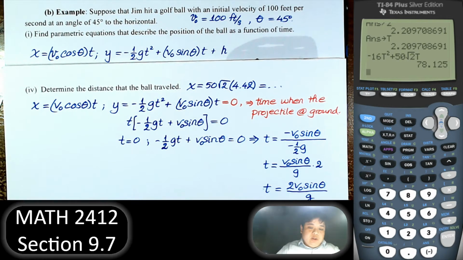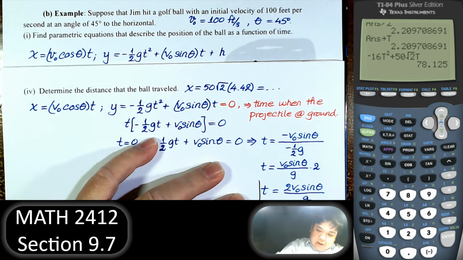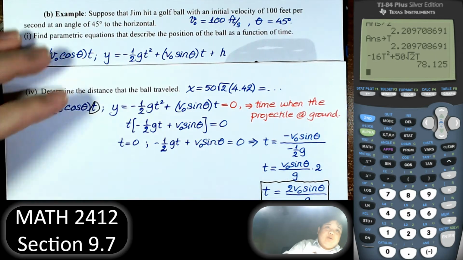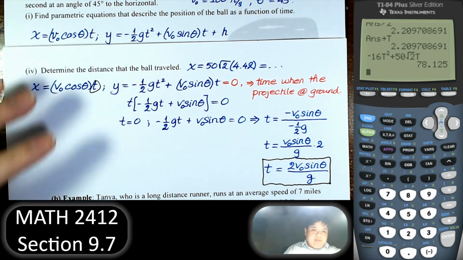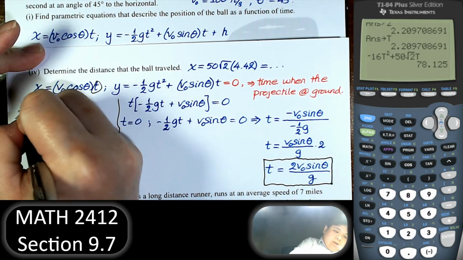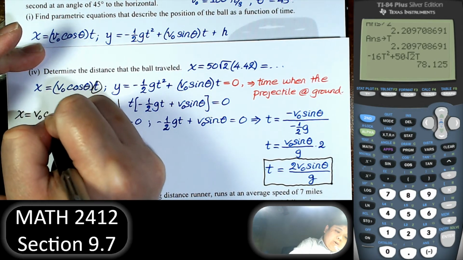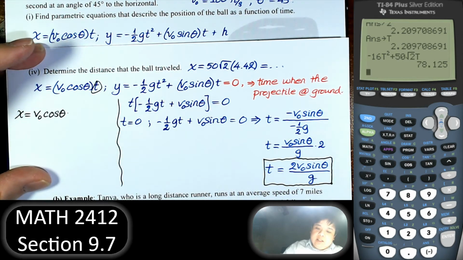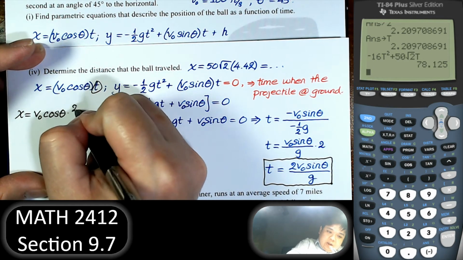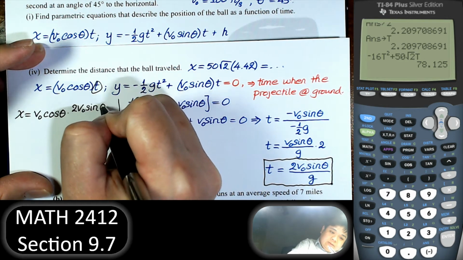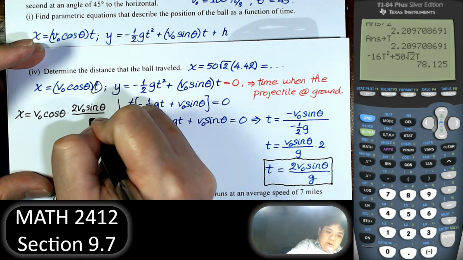Now we will substitute that into this t to find the distance that the ball actually travels. So we have x equals v naught cosine theta, and t is going to be this, 2 v naught sine theta divided by g.